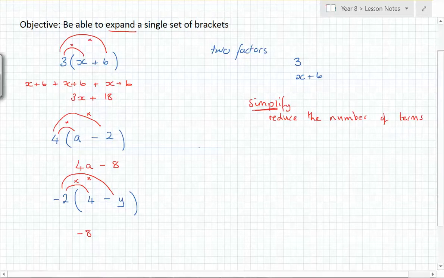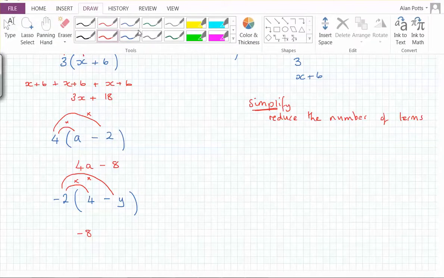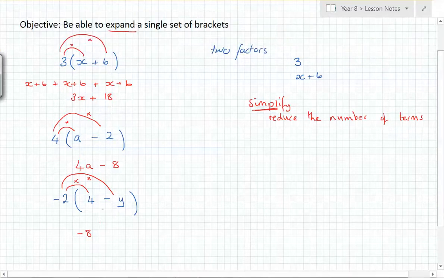But what are we missing? It should be plus 2y, because minus 2 times minus y makes plus 2y.